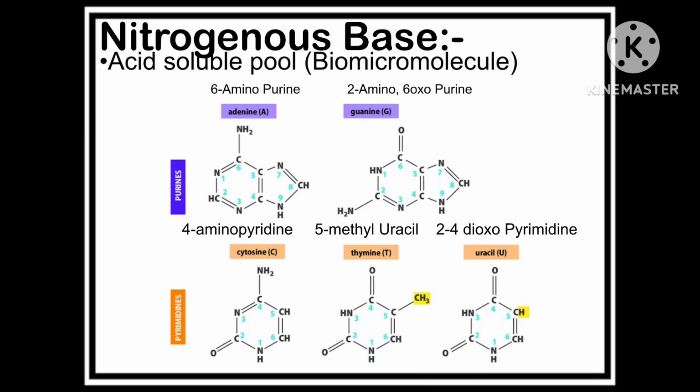Another is thymine with the scientific name 5-methyl uracil. You know why we have uracil in its name? Because its structure is similar to uracil, but the only difference is the methyl functional group on its fifth carbon position, and the rest of the structure remains the same as uracil. Now the third one is cytosine with the scientific name 4-aminopyrimidine.